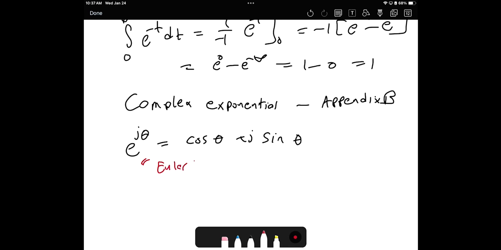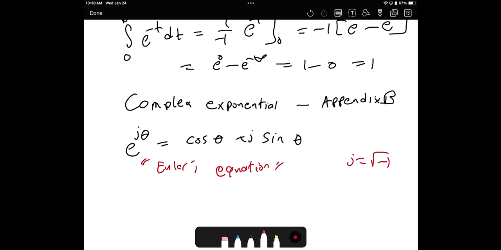This is very famous and very important in electrical engineering, not only in this course. You will use it later in control systems as well, and in DSP. So the Euler formula is something very important that every electrical engineer must be familiar with. And j, as we know, is the square root of negative 1.